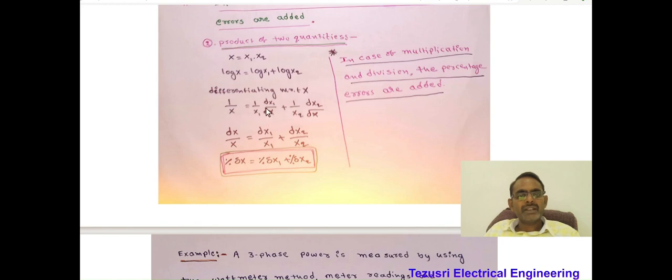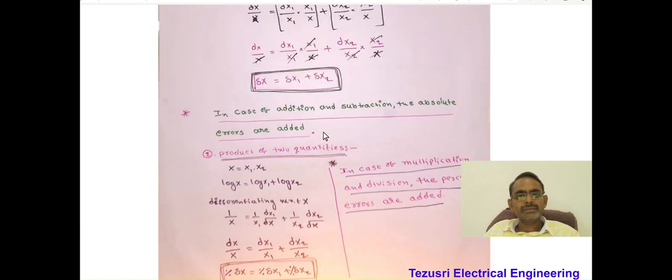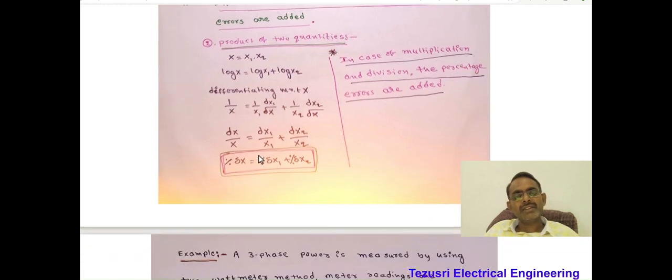We rewrite this equation as dx by x equals dx1 by x1 plus dx2 by x2. This means the relative error, or static error, is added: in case of multiplication or division, the percentage errors are added up.